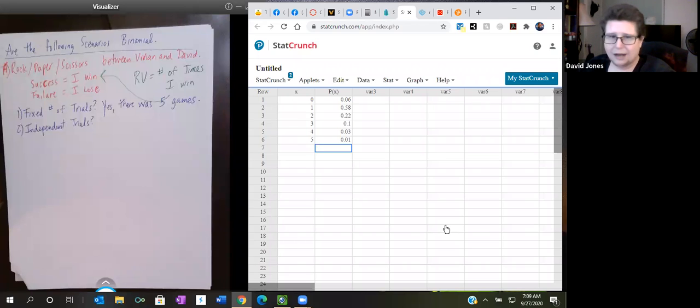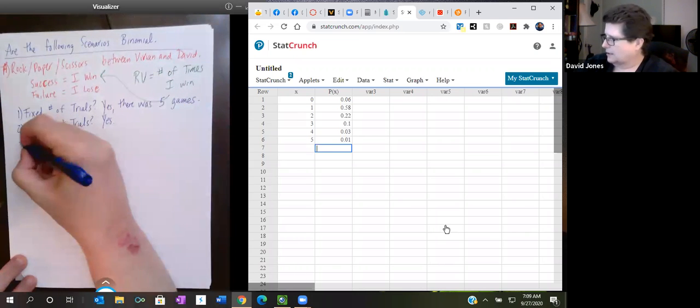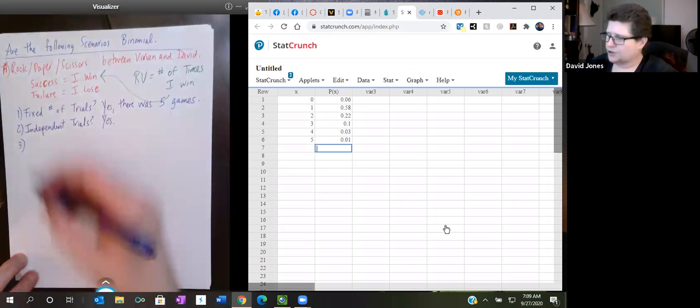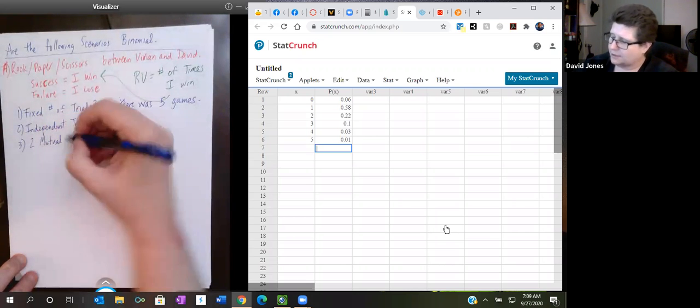Whether or not I repeat what I did before or change to a different symbol, they're not related. What I do in one toss has no connection to what I did before. Yes, they're independent. 3, are there 2 mutually exclusive outcomes or disjoint outcomes?